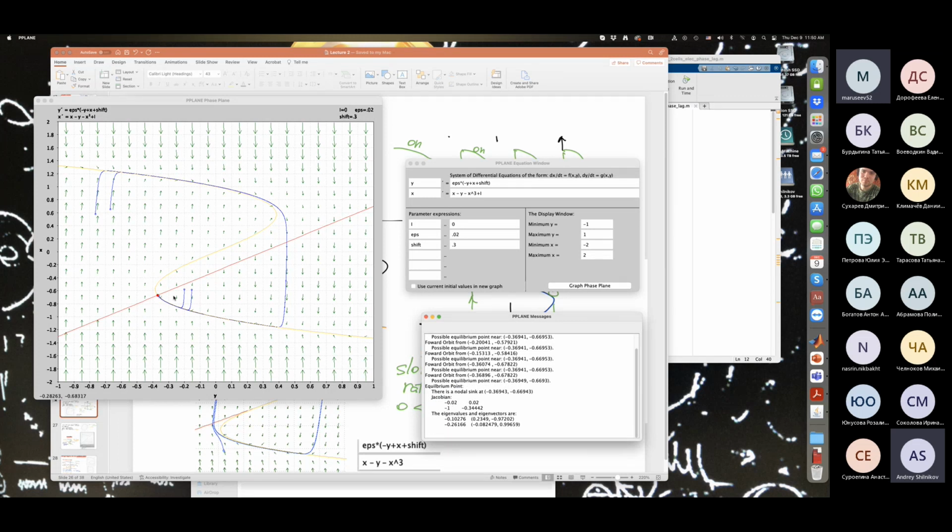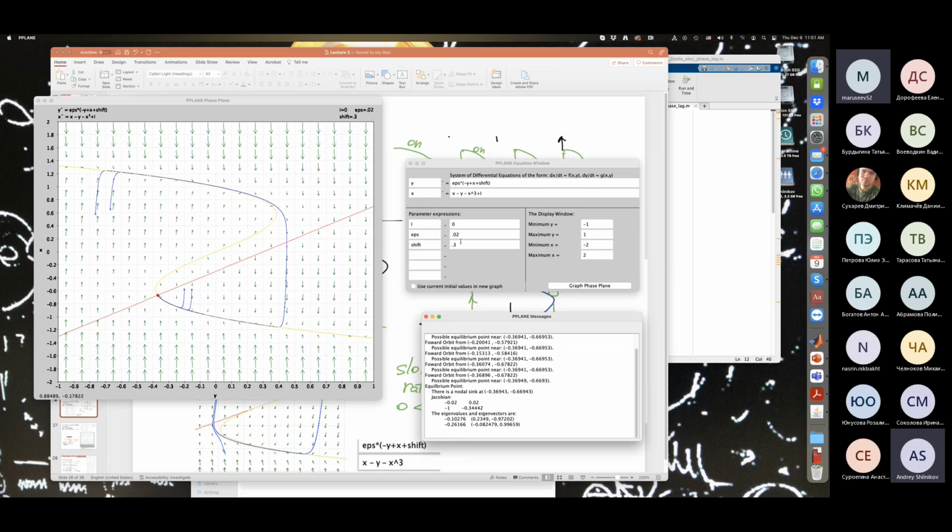So f sub x, f sub y, and g sub x, actually it's the other way around, g first and then f. Then they compute eigenvalues and eigenvectors. So one is negative 0.1, the other one is negative 0.2. Surprise, surprise. And clearly this point is exponentially stable.